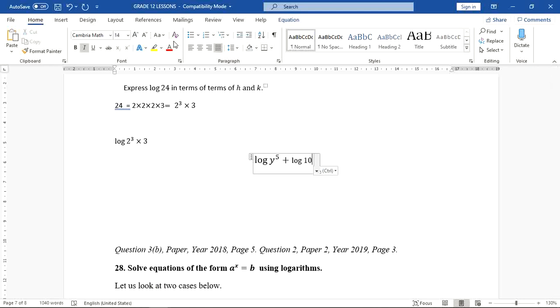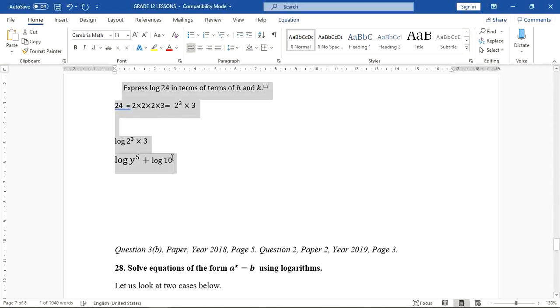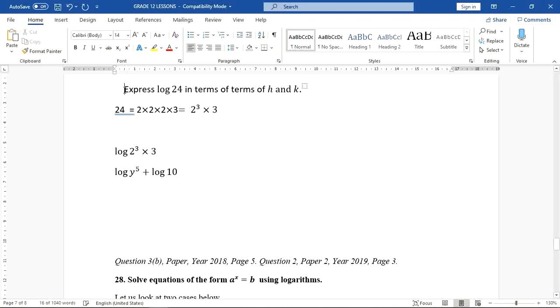Let me make them the same font size, because now some are big, some are small. All right, so here it's going to be log 2 exponent 3, and this is just going to be log 3.